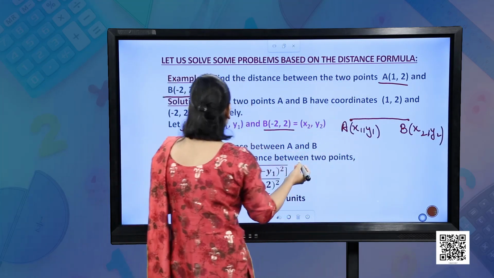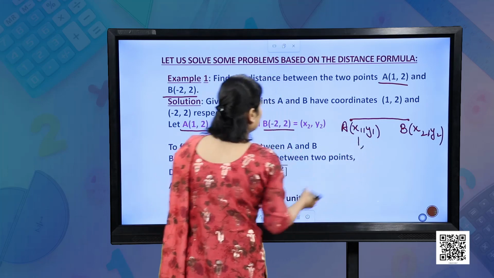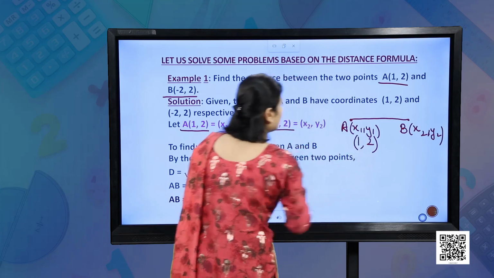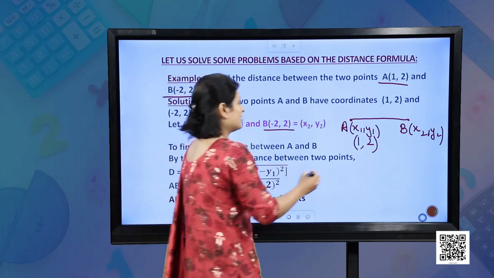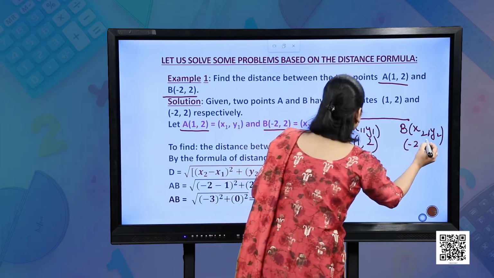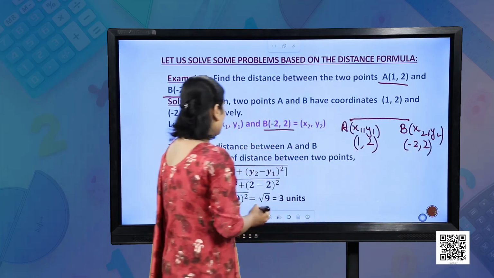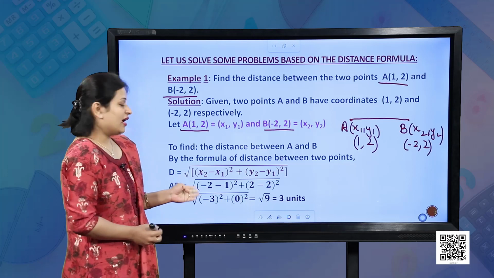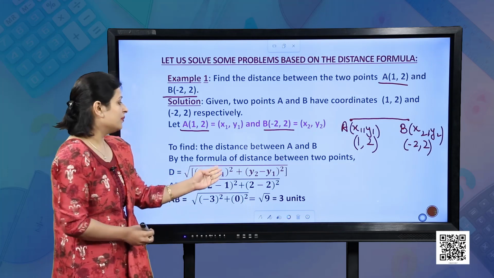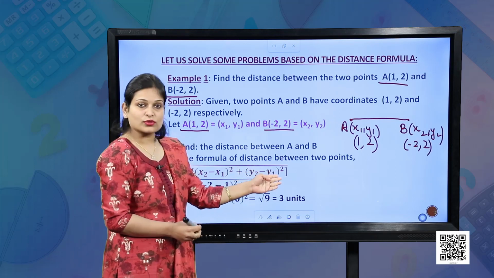Here the value of x1 will be 1, the value of y1 will be 2, the value of x2 will be minus 2 and y2 will be 2. So, the distance formula is square root of x2 minus x1 whole square plus y2 minus y1 whole square.